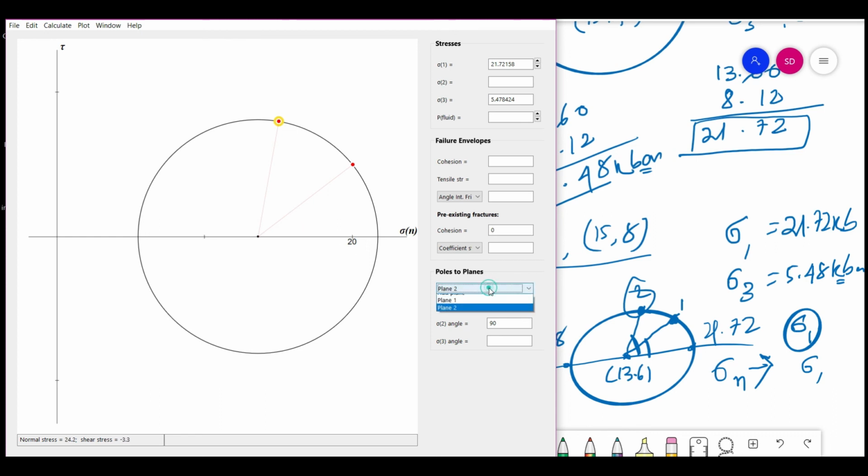Plane number 1 makes an angle of 18.99937, that means if you consider it as 19, it's almost 38 degrees.